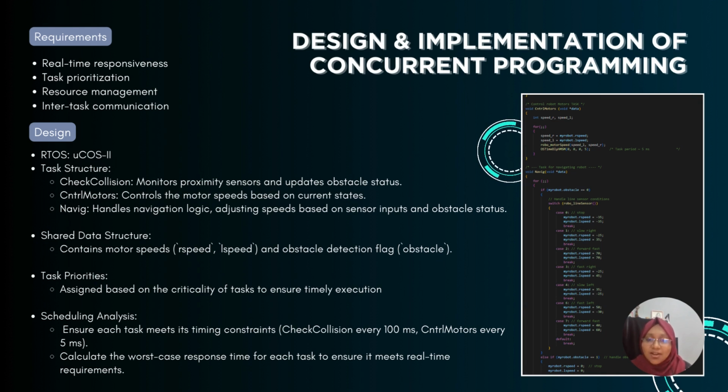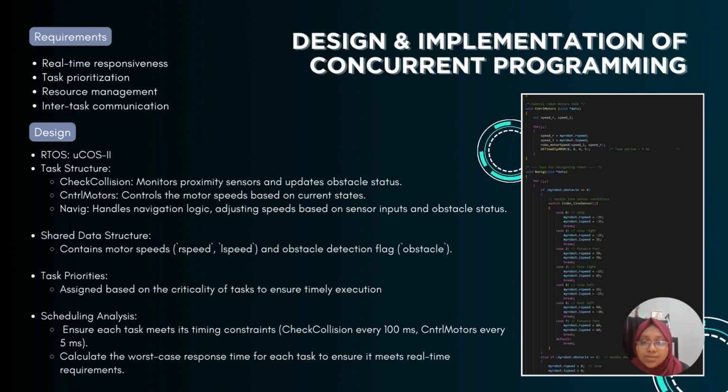Now, let's talk about the design and implementation of concurrent programming. As requirements, we first have real-time responsiveness, which ensures timely responses to environmental changes, and then task prioritization, so assign priorities to tasks and ensure critical tasks are executed first.